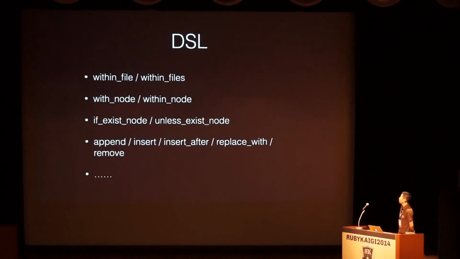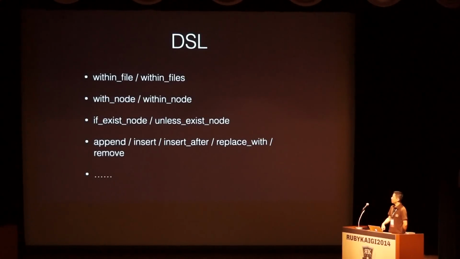Synvert also adds some DSLs like within_files, which finds the specified Ruby files. With node and within node try to find the specified AST node.